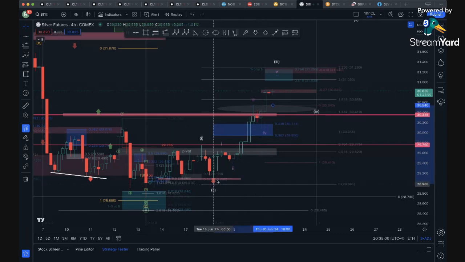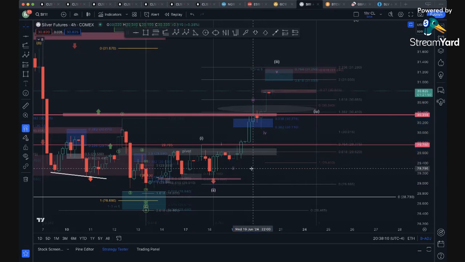So when I put the fib tool here and I see that this is really an ideal looking wave 4 in relation to this being wave 2, then it occurred to me, aha, so maybe this is the wave 4 of this degree, because as you know, or maybe you don't know, Elliott wave is all about the fractals, meaning self-similar at scale. So inside of this wave 3 is another 5-wave structure, meaning this should follow 1, 2, 3, 4, 5 for wave 3. So that's the way I measured it.